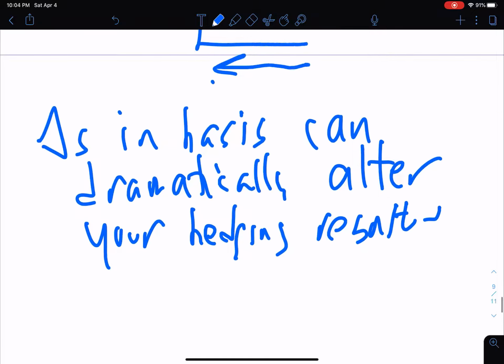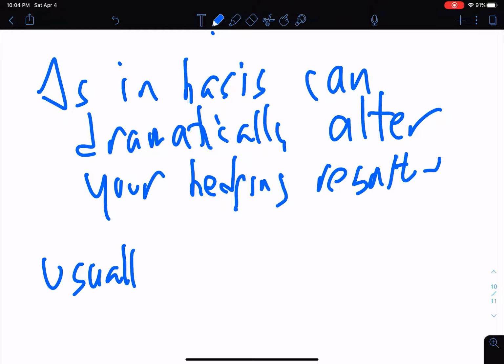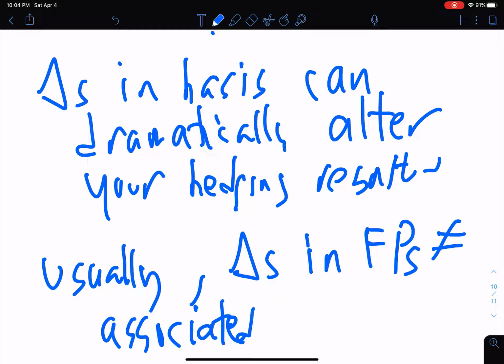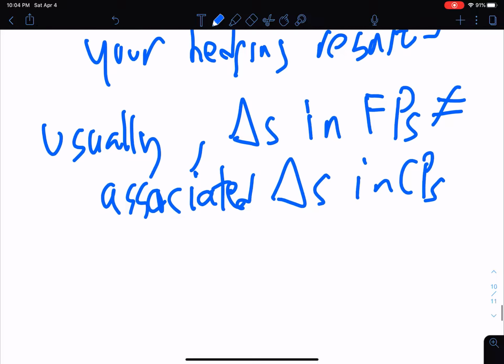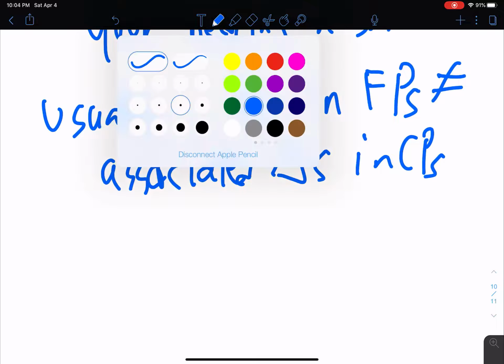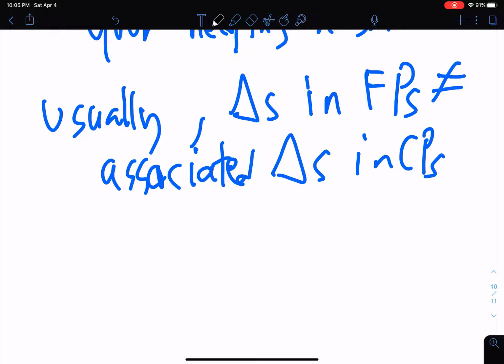In fact, usually it's the case that changes in futures prices are not equal to the associated changes in cash prices over time. If you think about it, if the size of the change in the futures price doesn't equal the size of the change in the cash price, that's going to give us a new element of risk. Look at it this way.